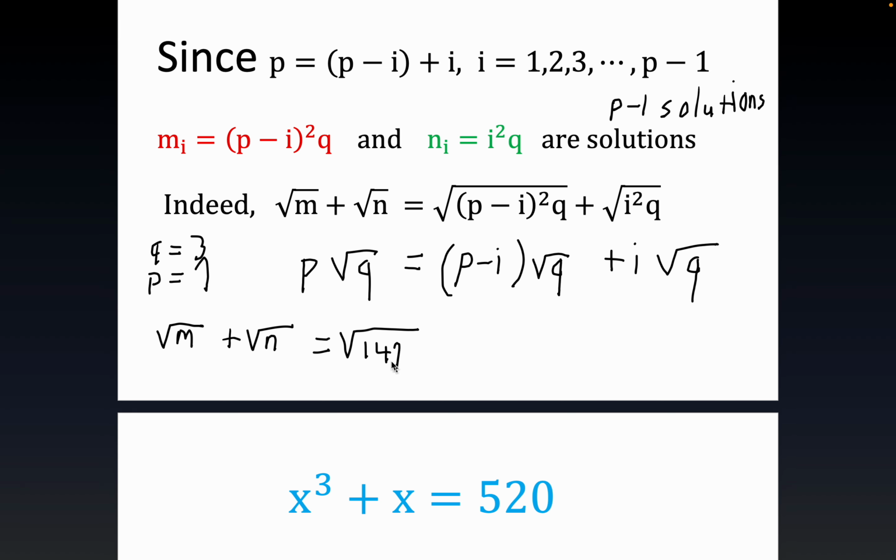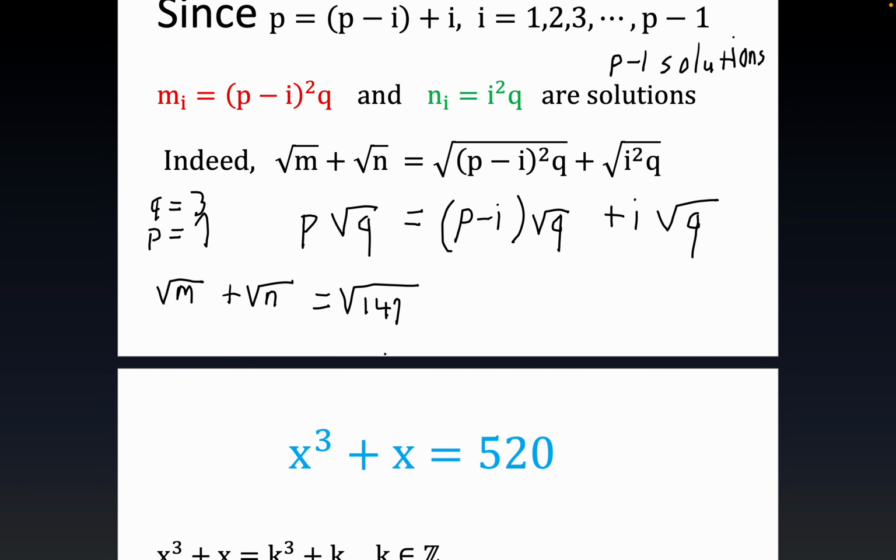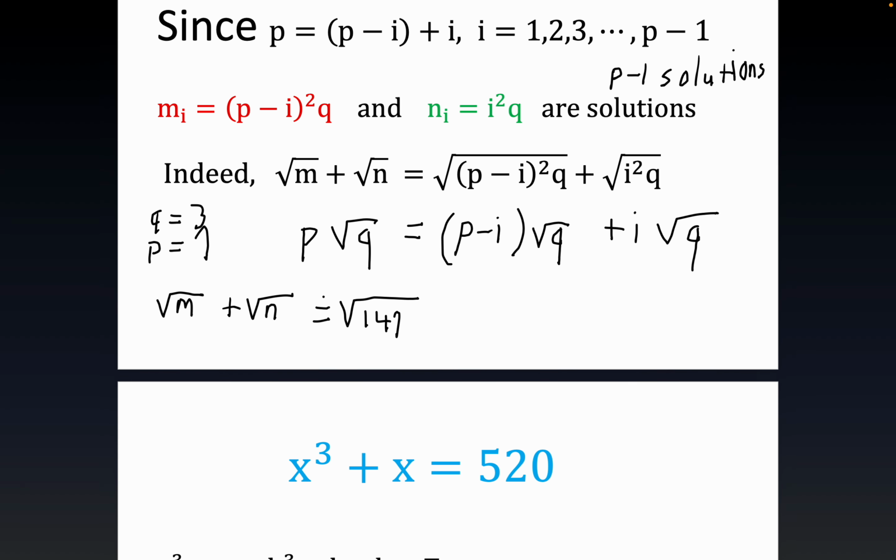Okay, so now let's take a look at a solution here. According to this result right here, one solution, your m, let's do m sub 2 maybe, okay? M sub 2 would equal 7 minus 2 quantity squared times 3, right?